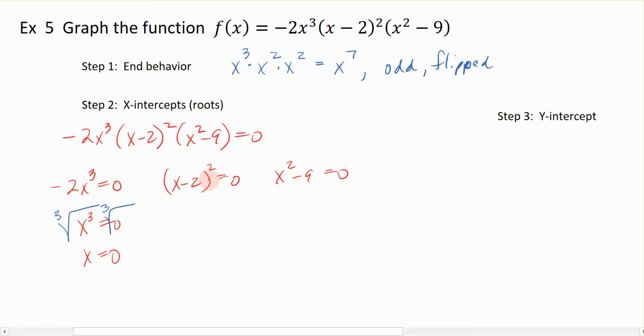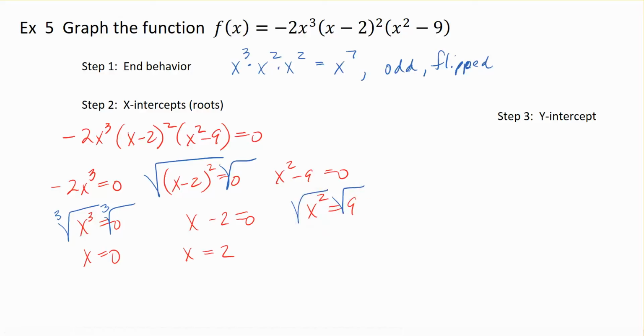In the middle, I have a squared term equal to 0, so I can take the square root of both sides, giving me x minus 2 equals 0, or x equals positive 2. Finally, I have a squared term minus 9, so I add the 9 to the right-hand side, and then take the square root of both sides, giving me x equals plus or minus 3.